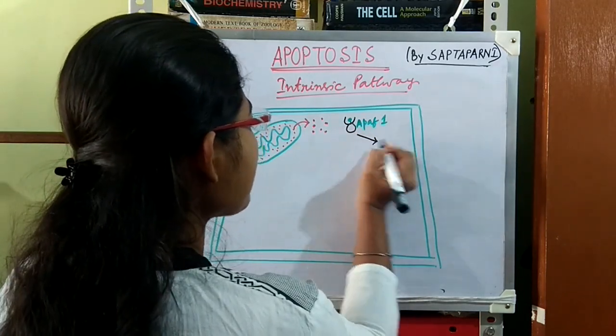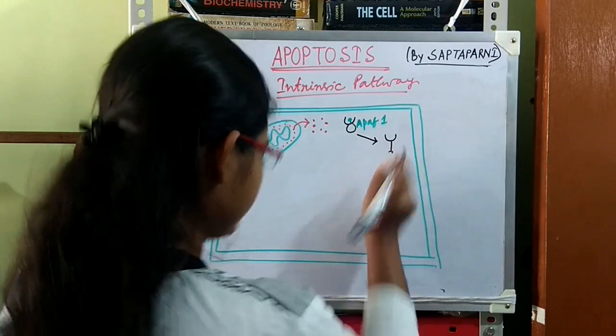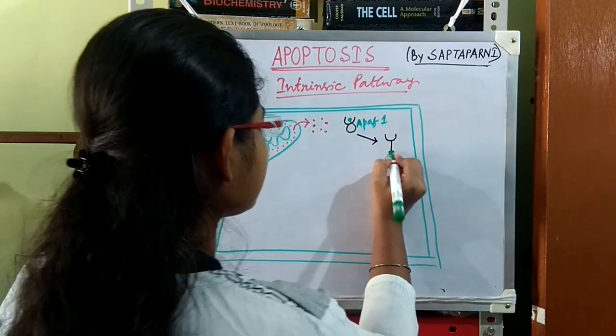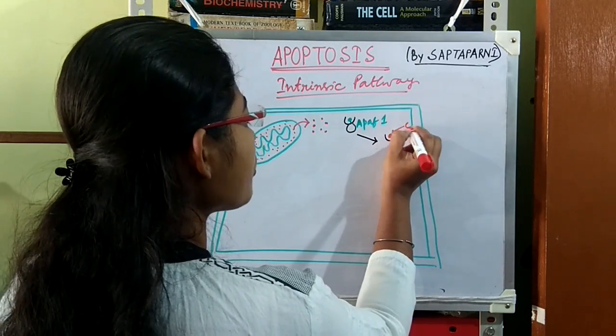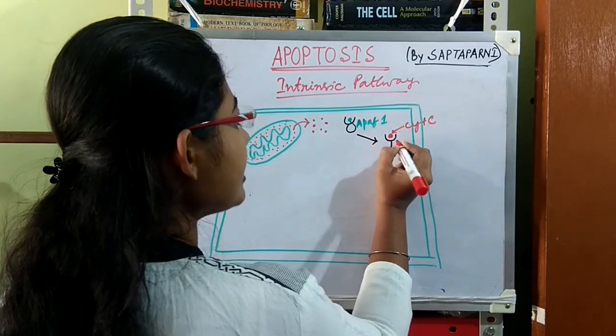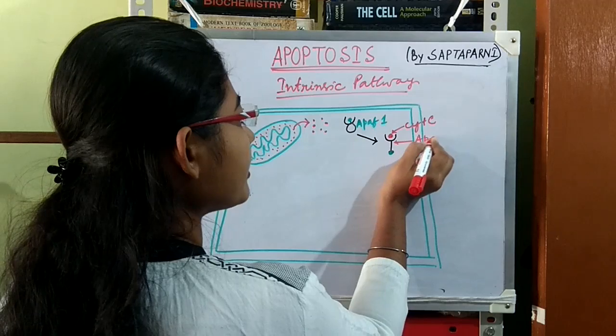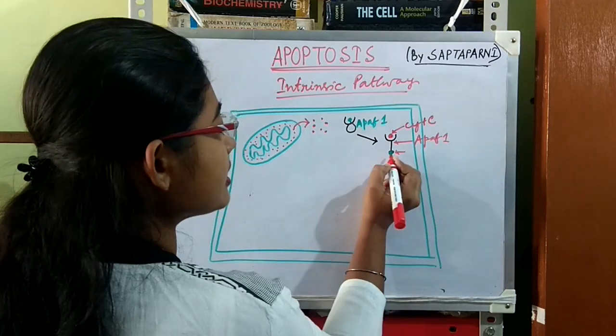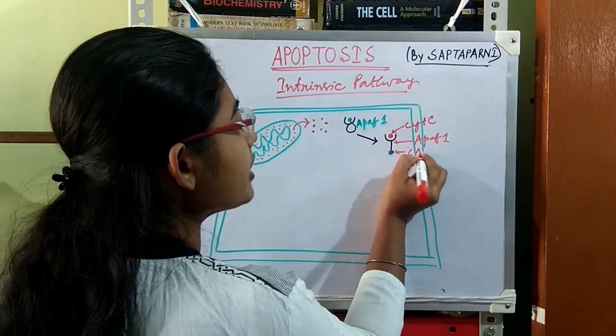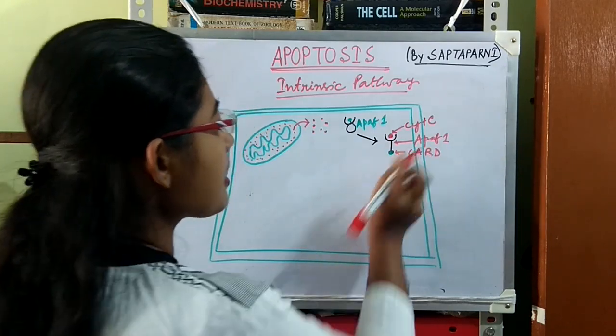See, it binds like that. This is the cytochrome C and this is the APAF1, and this green one is the CARD domain of APAF1.